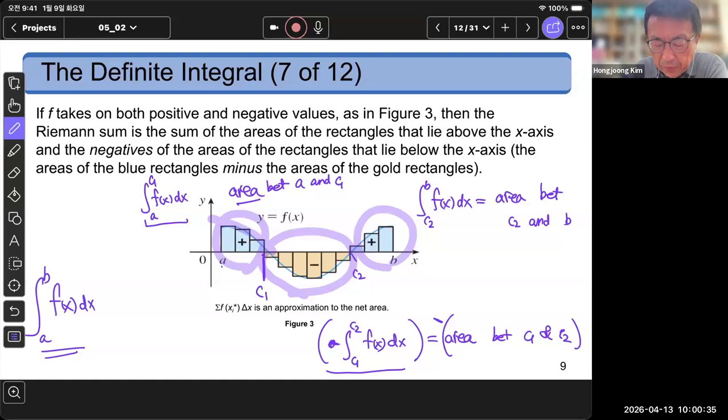If f takes both positive and negative values as in figure 3, then the Riemann sum is the sum of the areas of the rectangles that are above the x-axis and negatives of the areas of the rectangles that lie below the x-axis.